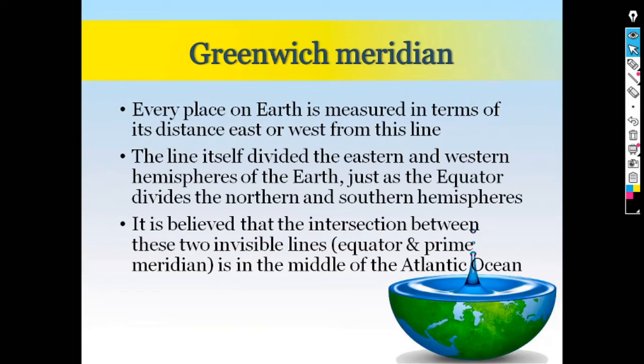The line itself divides the eastern and western hemispheres of the Earth, just as the equator divides the northern and southern hemispheres. It is believed that the intersection between these two invisible lines, that is your equator and prime meridian, is in the middle of the Atlantic Ocean.